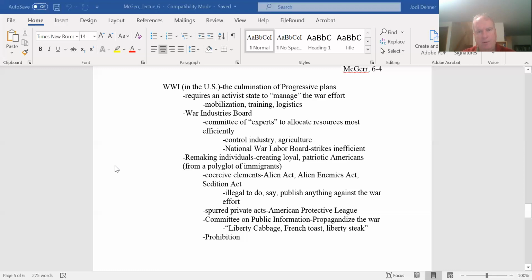But in order to build trucks, you need steel. So the War Industries Board made it known to Ford Motor Company that if you're not interested in working with us on paying the workers more, we're not interested in making sure you get all the steel to fulfill those government contracts that are going to pay you very well. This is a very effective lever. And so Ford Motor Company allowed the National War Labor Board to dictate its relations with its workers during the war.